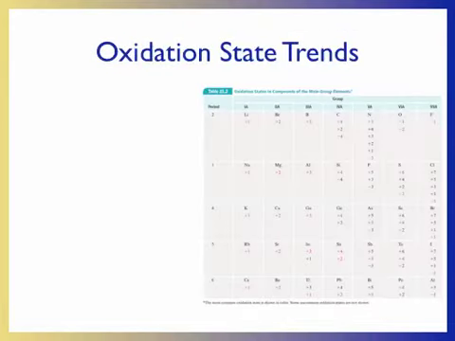One of the main features of the main group elements is that they have very regular oxidation state trends. Recall from Chem 110 that oxidation state, or oxidation number, is a fictitious charge that we assign to elements that are in compounds, assuming that we can split the compound into total monatomic ions.